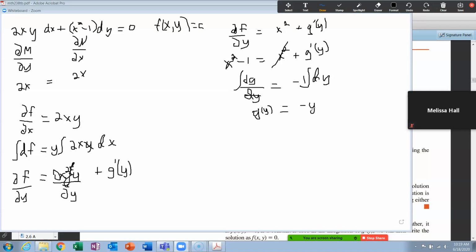Don't do a constant of integration. What we do with this now is go back to this statement here. Let's see, where is it? I've messed up so much. Okay, yeah, this statement, right? No?